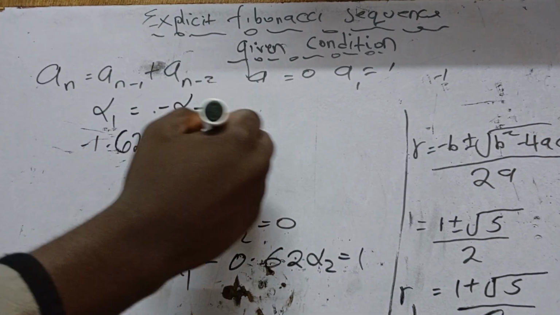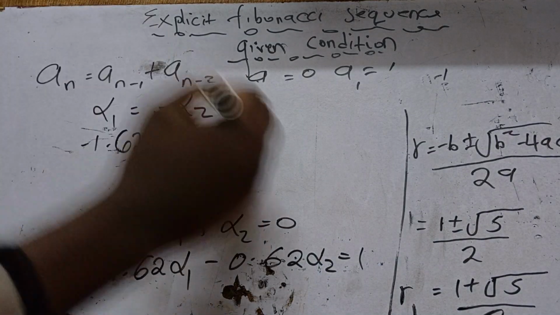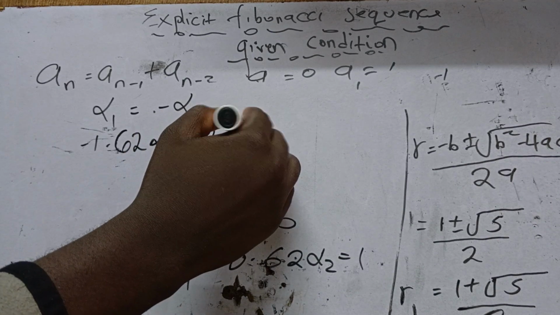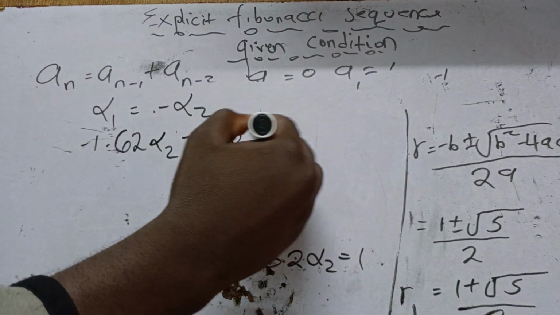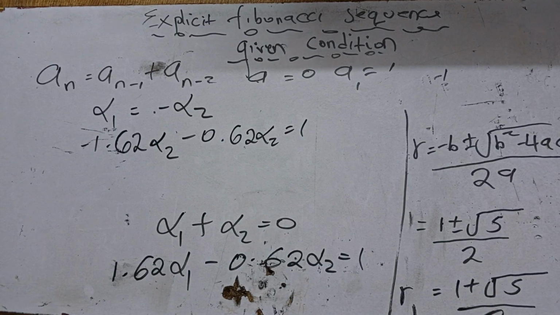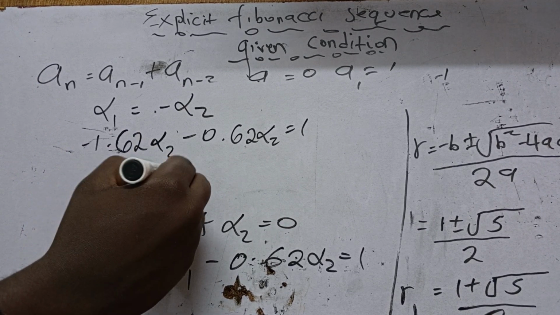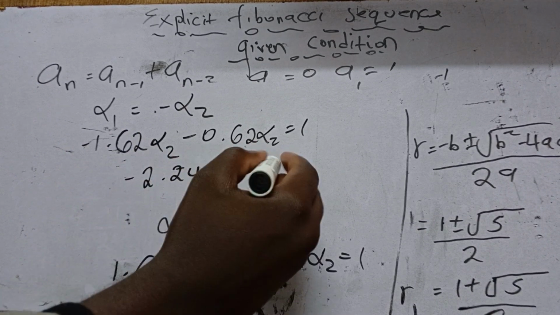Negative 1.62 minus 0.62 alpha 2 is equal to 1. What will be our answer? Negative 2.24 alpha 2.